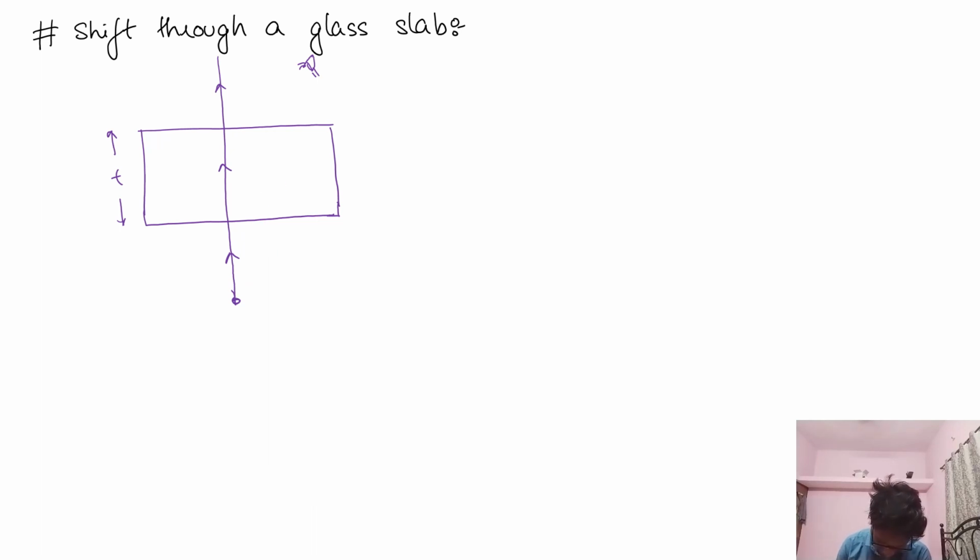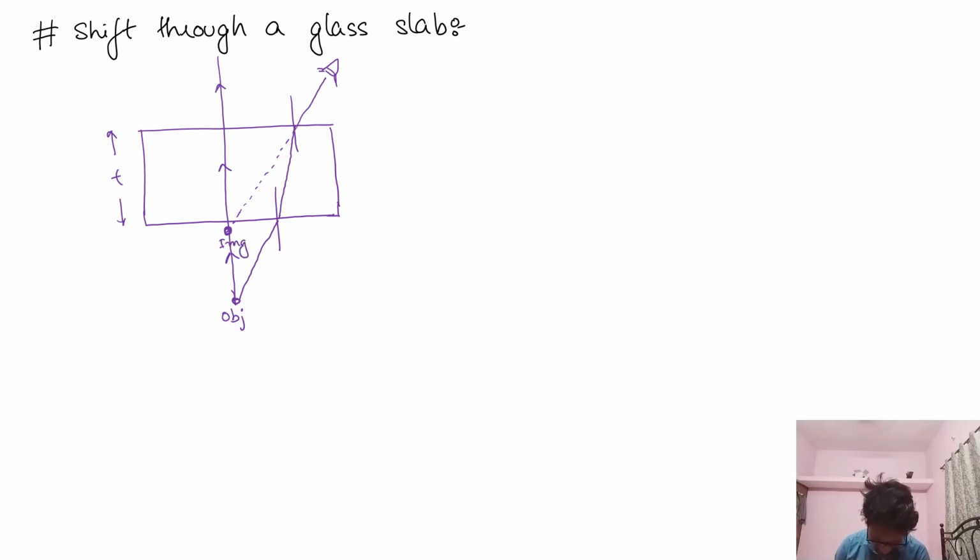The eyes of our observer are actually out here, so he sees the image out here. If this is the object, this is the image of the object.